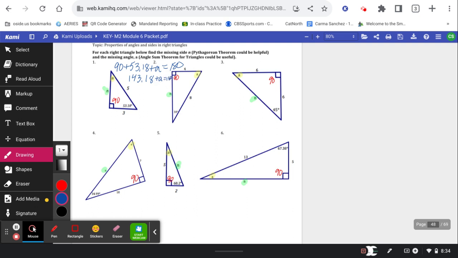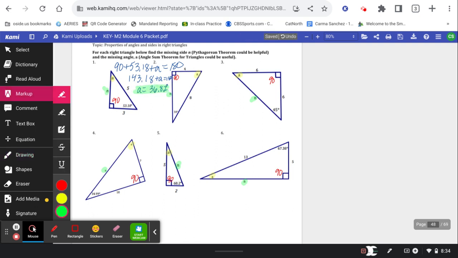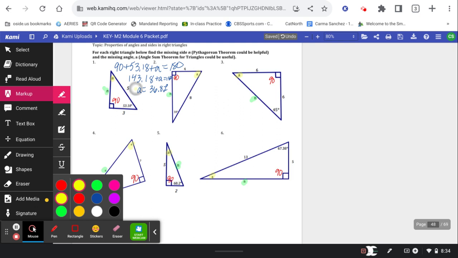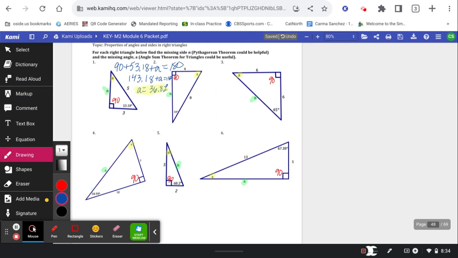And so minus that from 180, I'm getting 36.82 degrees. This is for the first one, number 1. So now that you see what we're doing, pause this video and go try it.